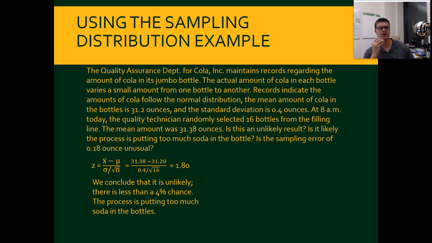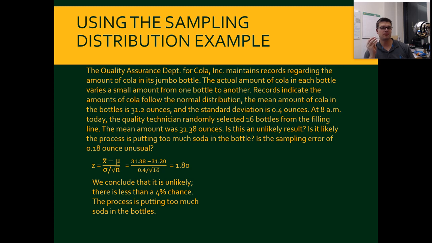The mean amount of actual Dr Pepper in the bottles is 31.2 ounces with a standard deviation of 0.4 ounces. So they've got a conveyor belt going, and the average amount that goes into every single bottle is 31.2 ounces, but the average deviation from that is 0.4 ounces.